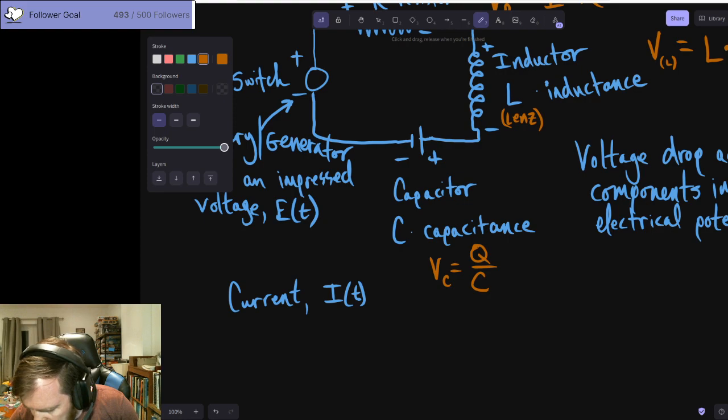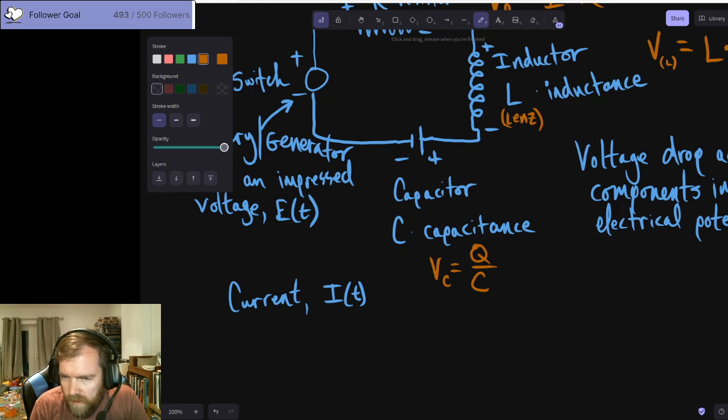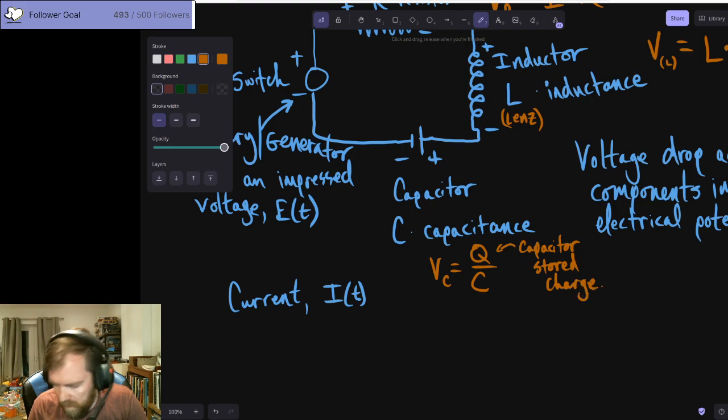Just check that. Capacitor stores electrical charge Q of t.